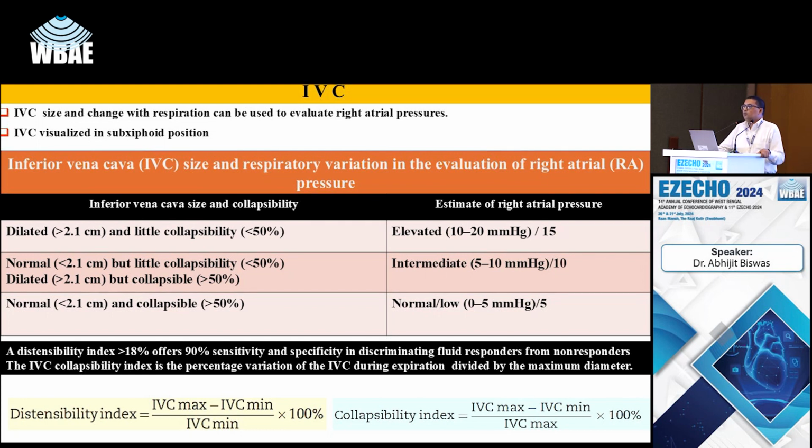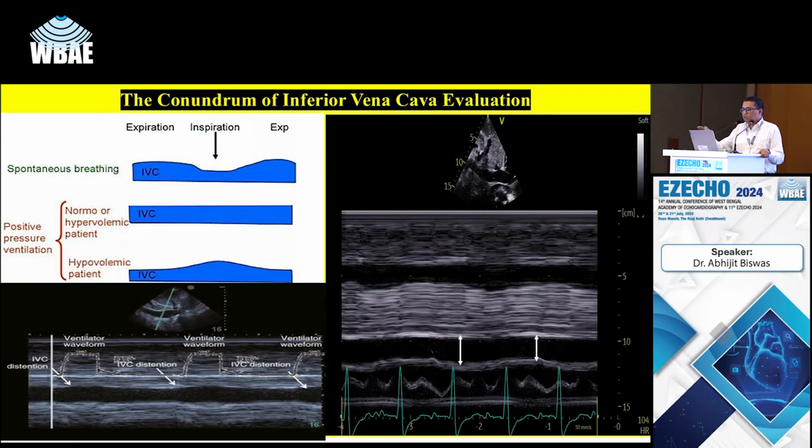Now, another thing, you look at the IS motion. There is a grading, and it's not so old a grading, where you can indirectly assess the degree of LA pressure by movement of the interatrial septum. Now, there are certain special populations where the rules of diastolic grading do not apply.